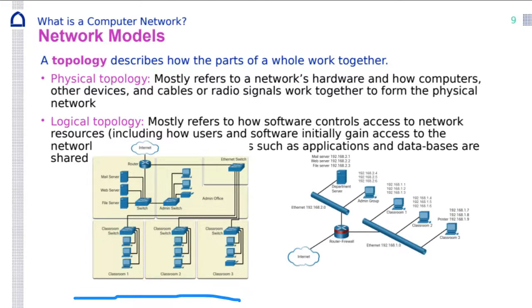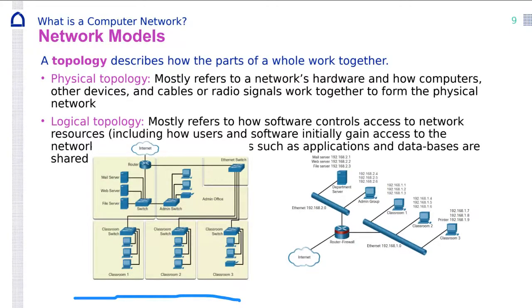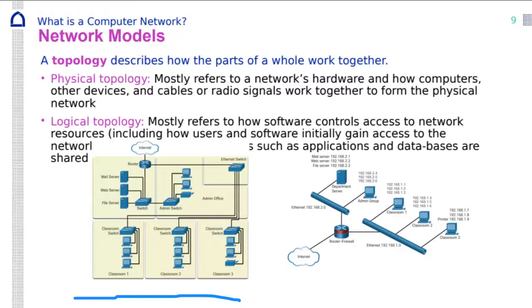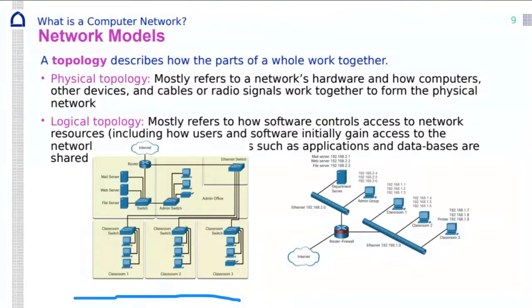And you can see here we have the building name, the floor number, things like that. More about physical location, physical communication, how they are connected.